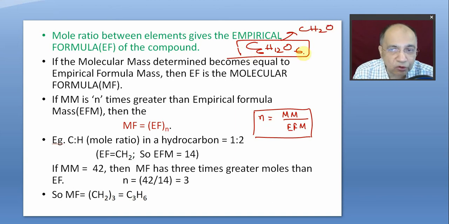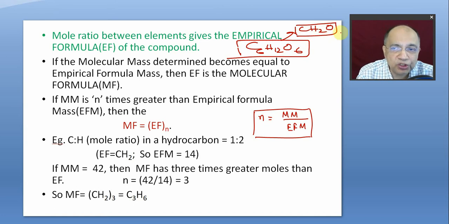If you divide all these digits by 6, then it will be CH2O. So this is the empirical formula, and the stoichiometric relationship between the elements is 1:2:1. It's fixed in glucose, right?